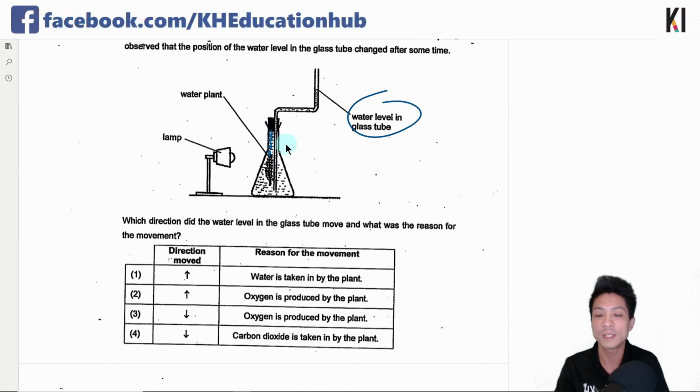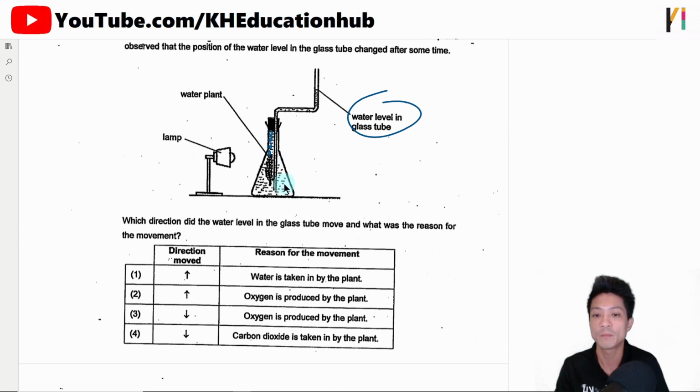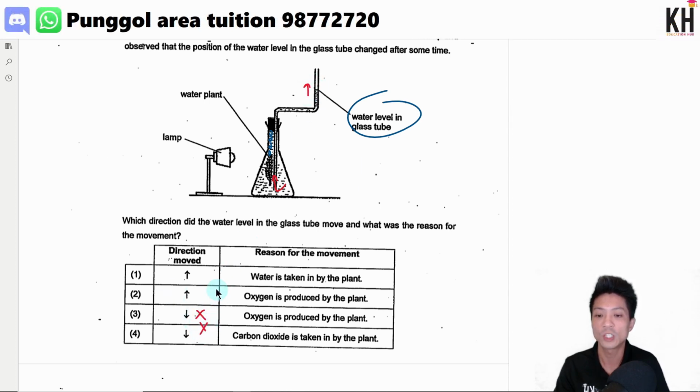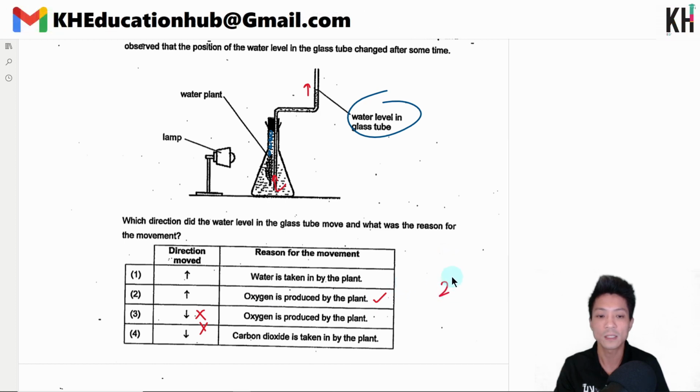So it will produce air bubbles which will float up and be trapped down here. So there will be an air space down here and it will cause the water to be pushed into the tube, and it will cause the water level to rise up. The reason is because oxygen is being produced. So the answer is option 2.